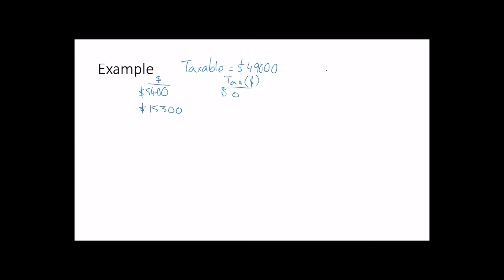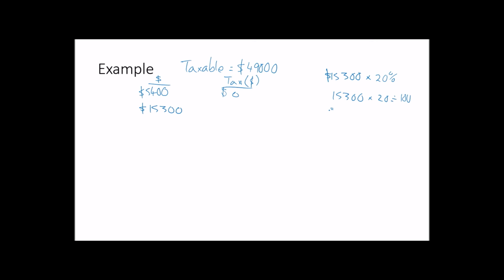To work that out, this is the same as saying 15,300 times, so 20 cents in the dollar is the same as 20%. So this is 15,300 times 20 divided by 100, which is the way we've talked about working out percentages.